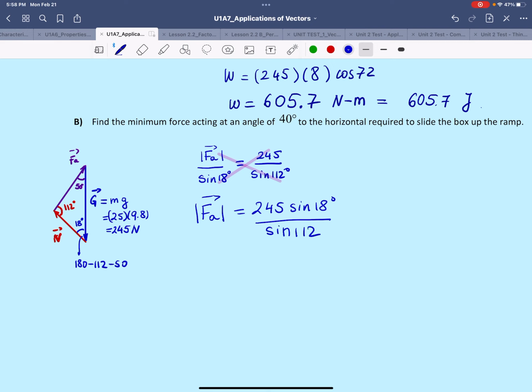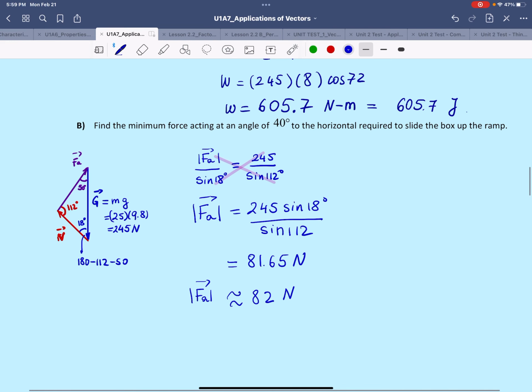And just use a calculator again. 245 sine of 18 divided by sine of 112 gives 81.65 newtons. So about 82 newtons, we would say. So we're going to say that we're going to need a force greater than 82 newtons in order to be able to slide the box up the ramp.